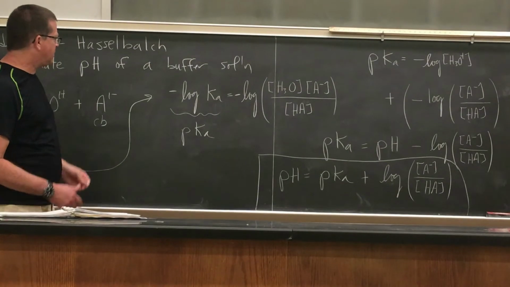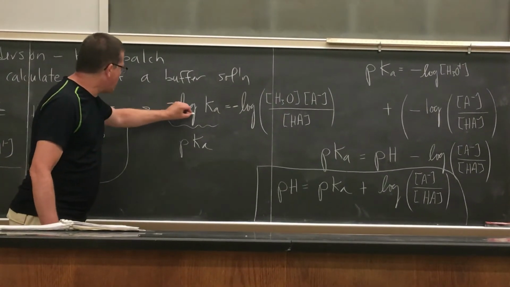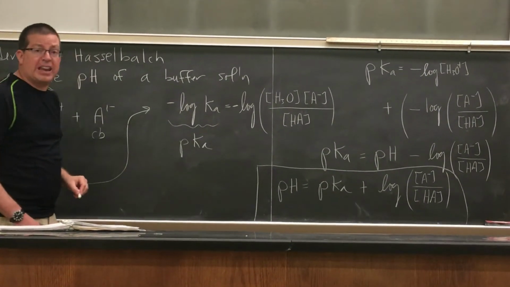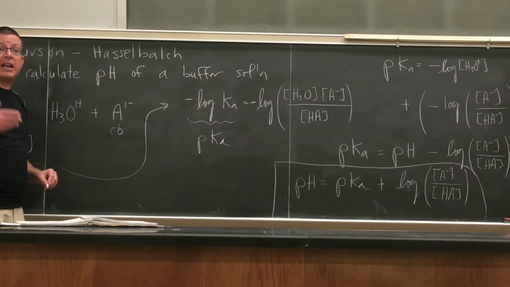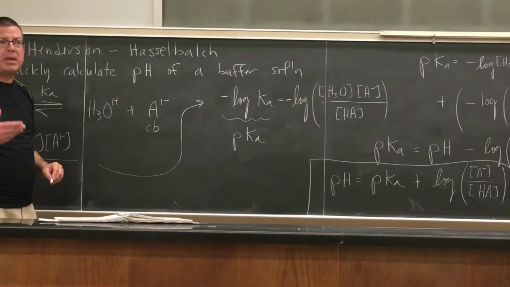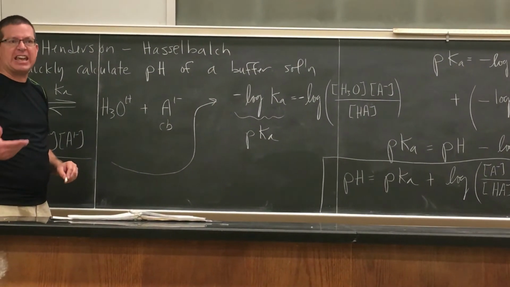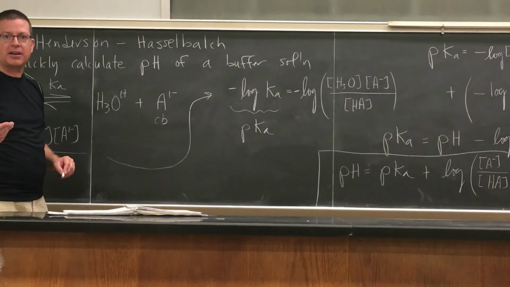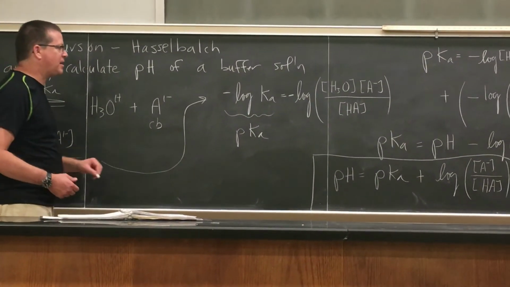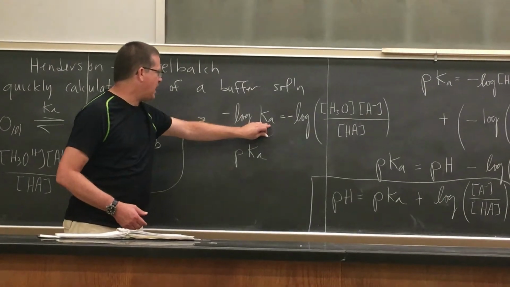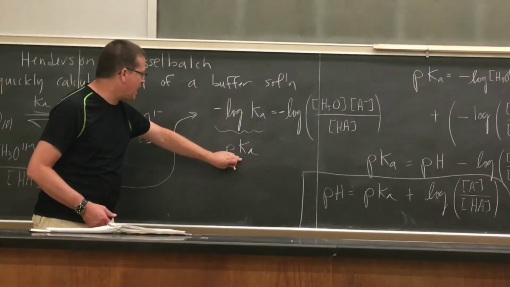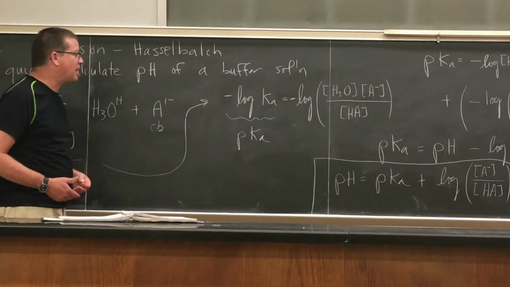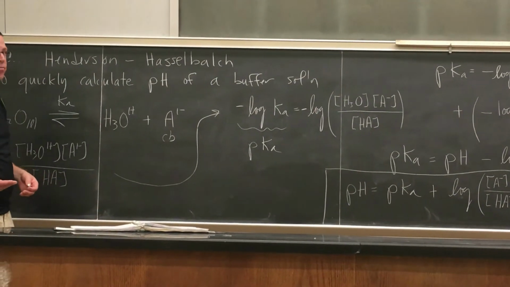Now if I look at this, I know that anytime I put a negative log in front of anything, that means that I use a p. So a pH, of course, means the negative log of the hydronium ion concentration. In this case, I have the negative log in front of the Ka, so I can call that a pKa. It's just another way of stating that I have the negative log of the Ka.